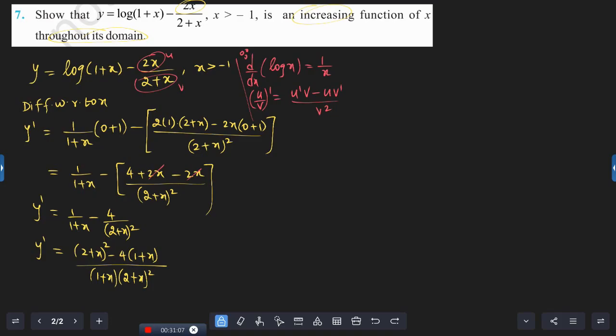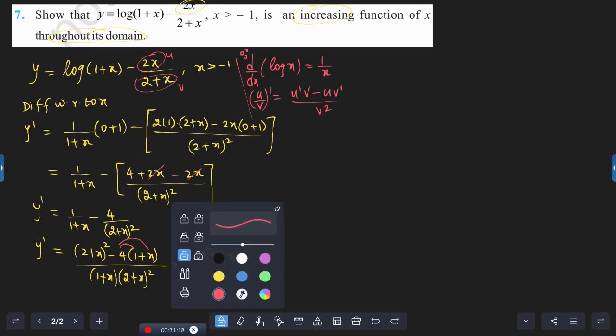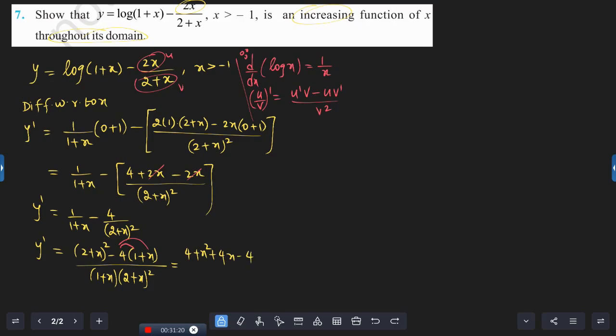So 2 plus x whole square, formula: 2 square 4, x square, 2ab, 2 into 2 is 4x, minus 4 when you multiply inside, what will you be getting? 4 into 1 is 4, 4 into x is 4x, whole divided by 1 plus x into 2 plus x whole square. What is possible to cancel?